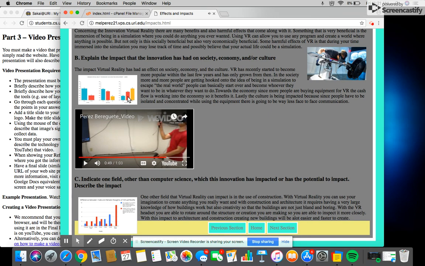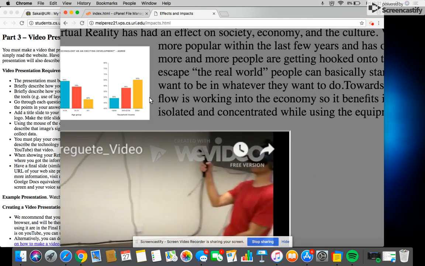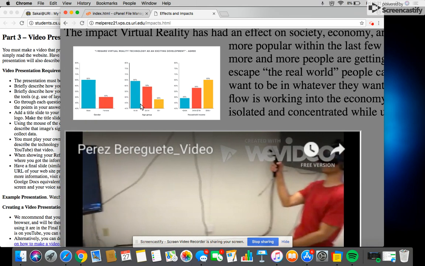And this graph right here basically shows the relationship between VR use and gender, age group, and household income. Usually more males are using it than females, and younger kids than older. And in order, higher income families have them.